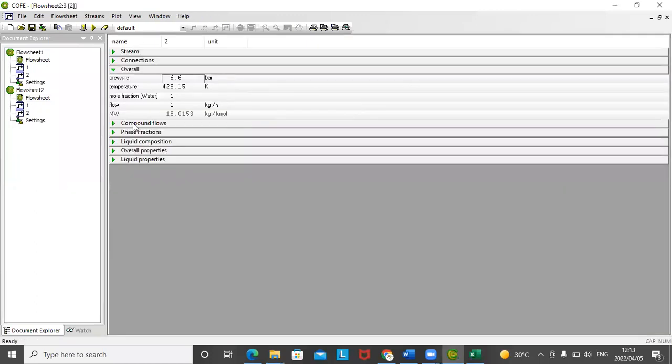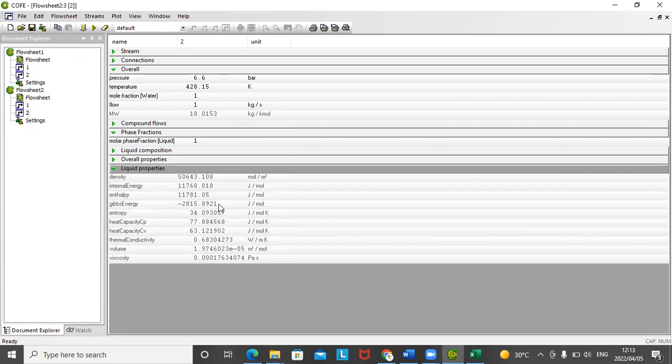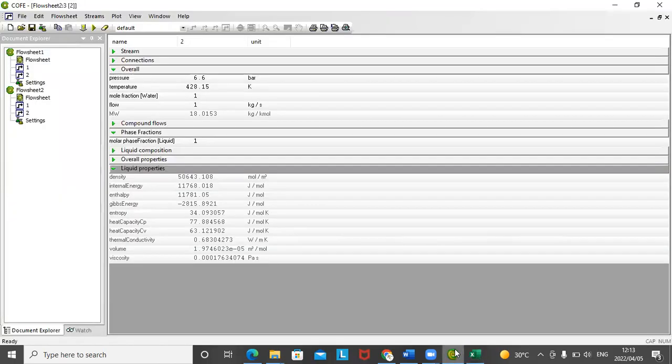And then output. We should have two phase fractions, but only liquid. So our density is 5643. I'm just going to go through this quickly so we can get to the whole point of this.